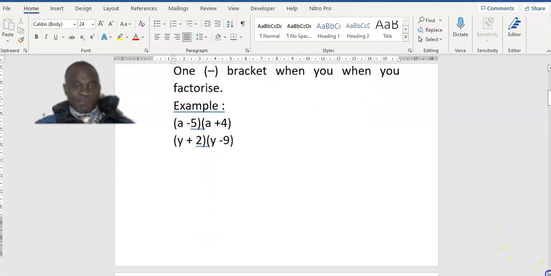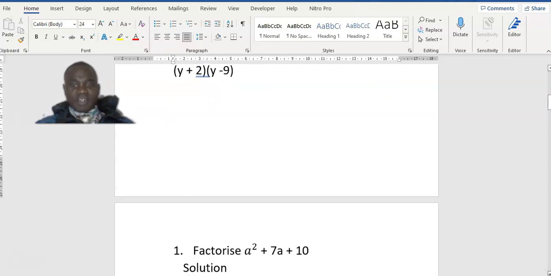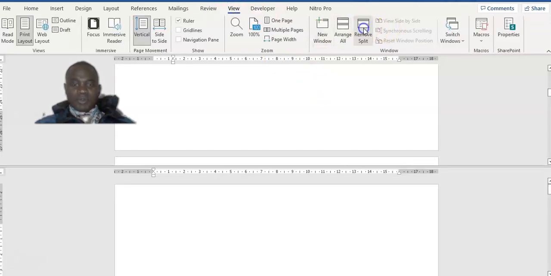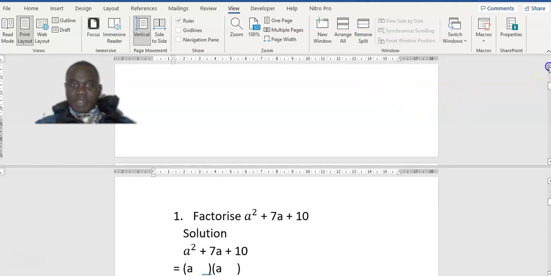So let's try to factorize. Let's start with a simple one. Let me split my worksheet into 2 so that we see what we are doing.